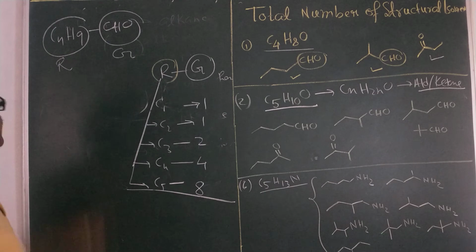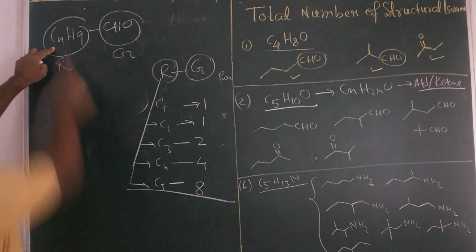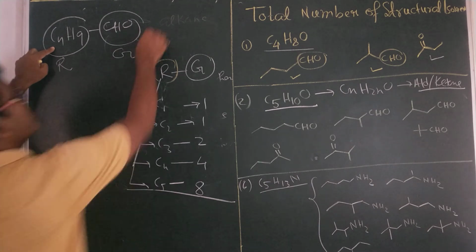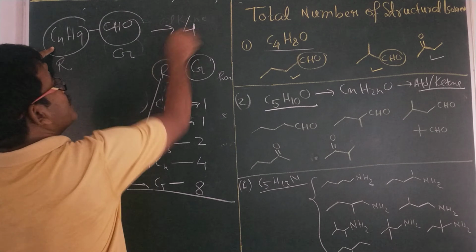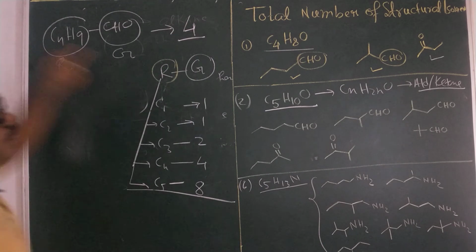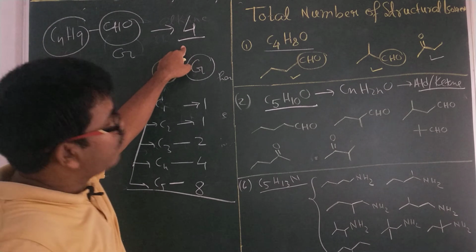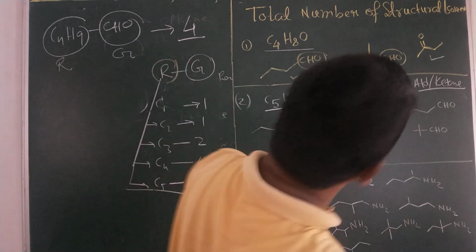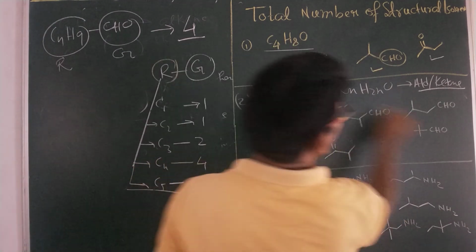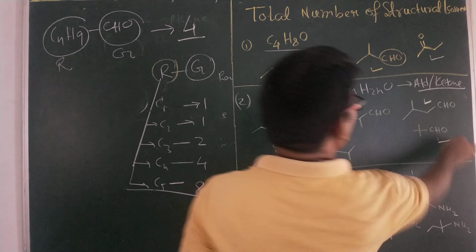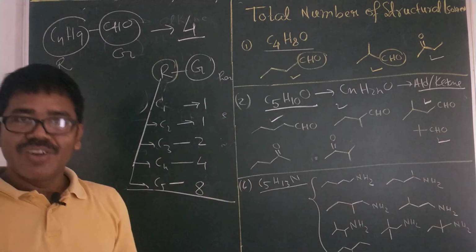In the R part, how many carbons are there? 4 carbons. Therefore, how many isomers will there be? 4 isomers. This molecular formula can represent 4 aldehydes. I have drawn the structures. You check: 1, 2, 3, 4 aldehydes.